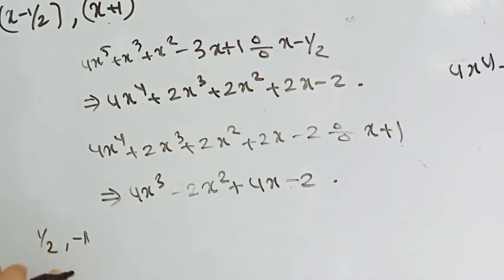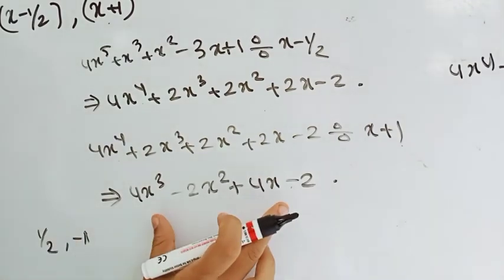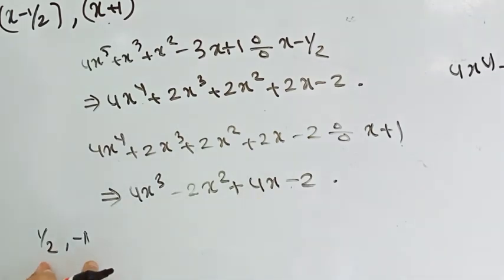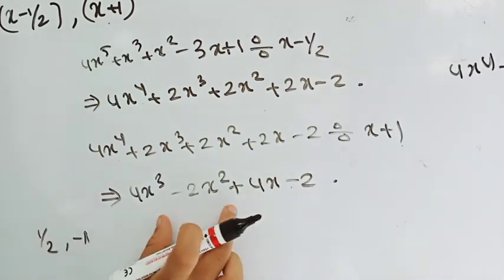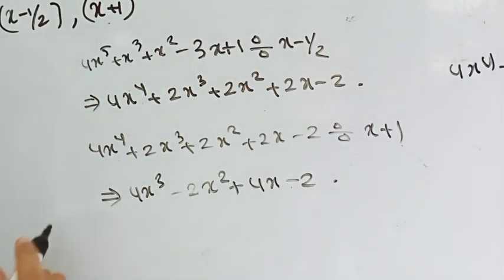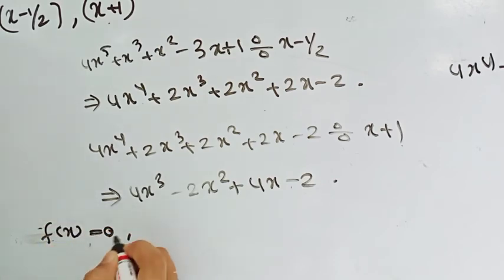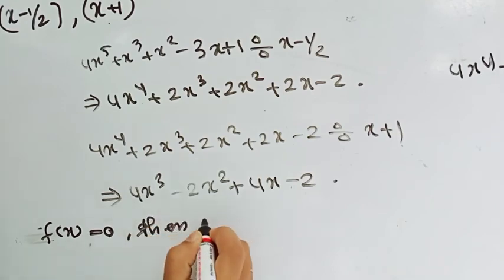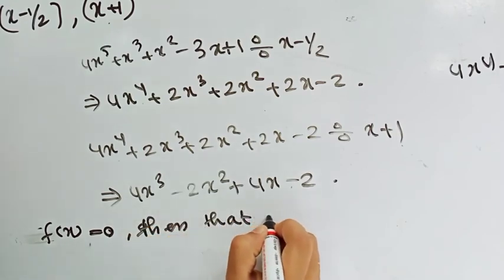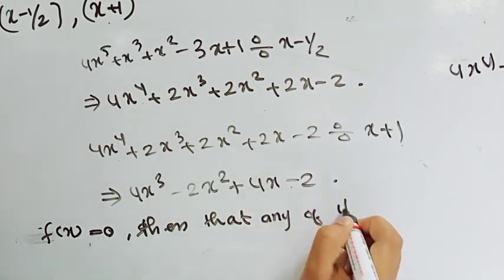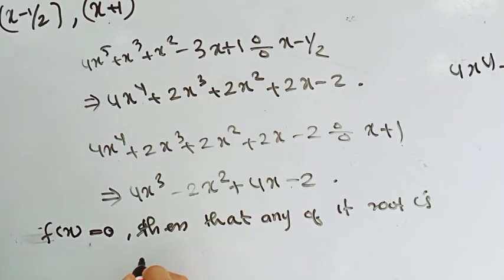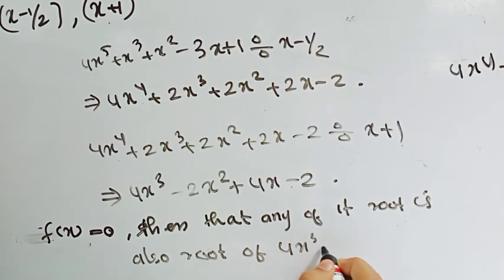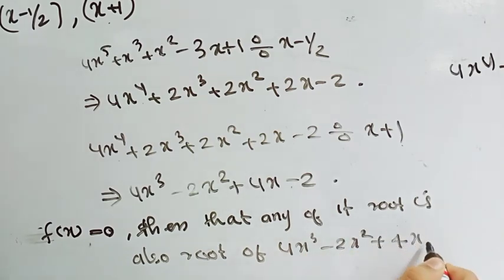Then there is a theorem that for every cubic equation, any of the roots of f of x equal to 0 is also a root of 4x cube minus 2x square plus 4x minus 2.